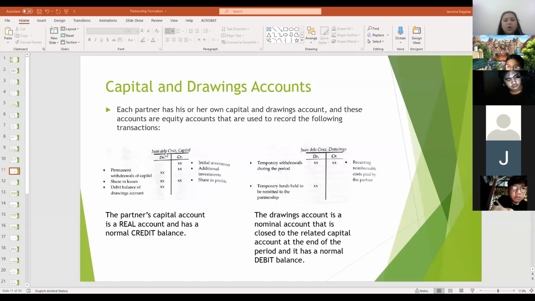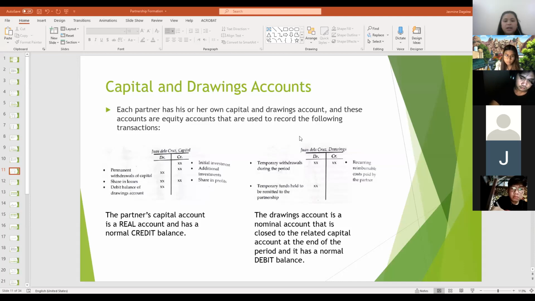You also have the drawings account. This is the T account of your drawings account. You will debit the drawings account if there is temporary withdrawals during the period. Temporary means ibabalik din ng partner. So pag binalik niya, i-credit nyo na to. And then temporary funds held to be remitted to the partnership.